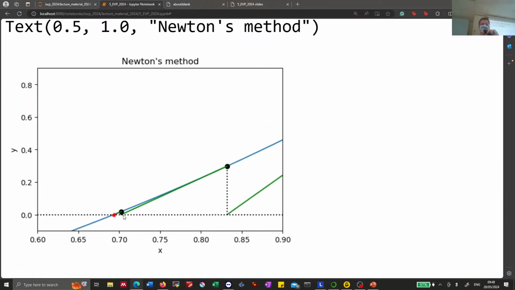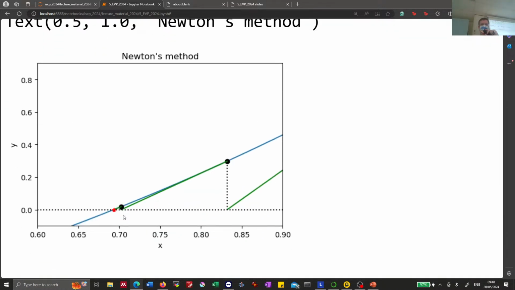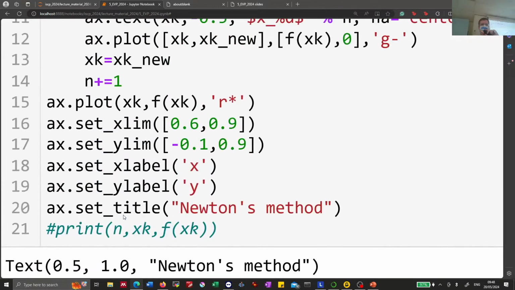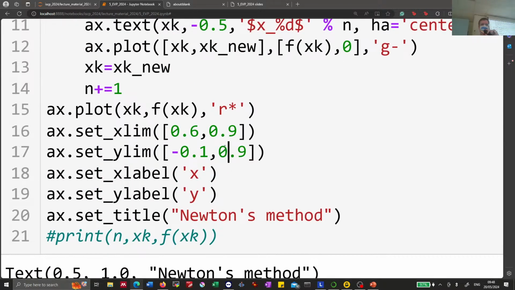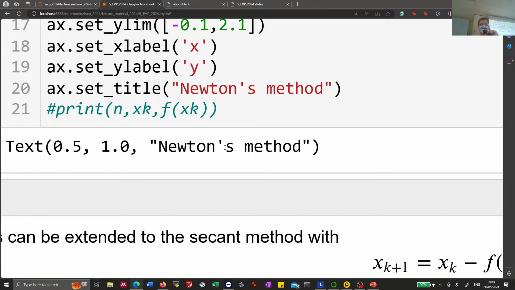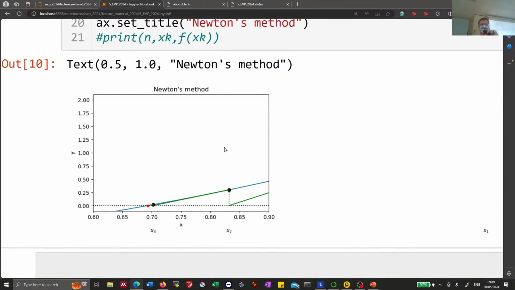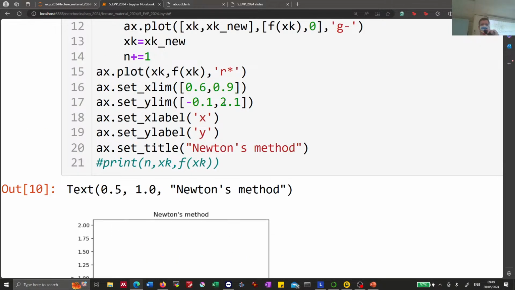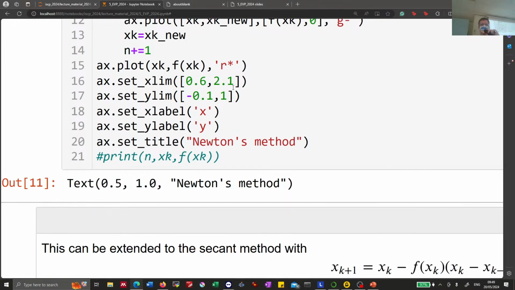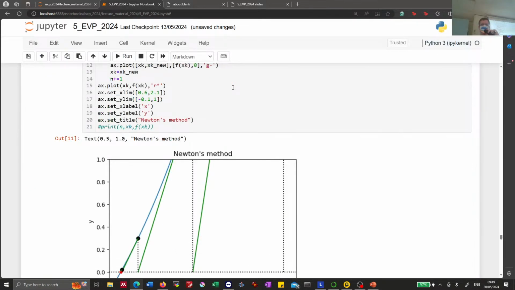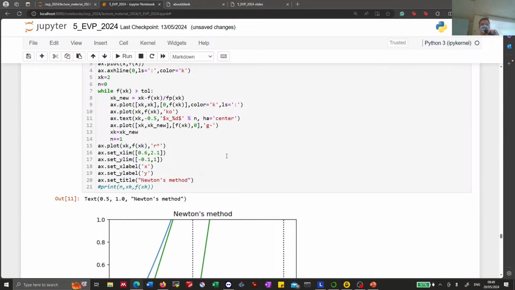Zoom in. So here we plot the values between 0.6 and 0.9. We can increase this a little bit. 2.1. Oh, it's also a little bit funny. 2.1. 1. Increase a little bit.